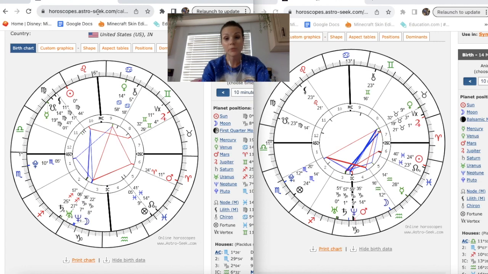Venus, obviously we know Venus, the goddess of love and beauty. So Venus represents love and affection, and also plays a part in our possessions, okay, and how we view our possessions. Actually, mostly it's how we view our possessions.